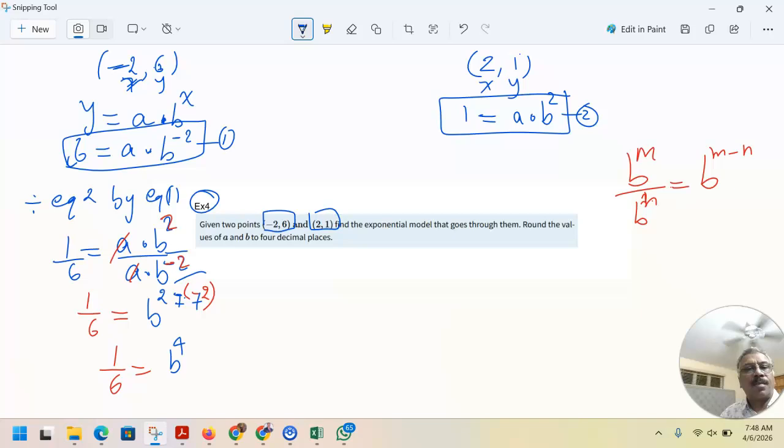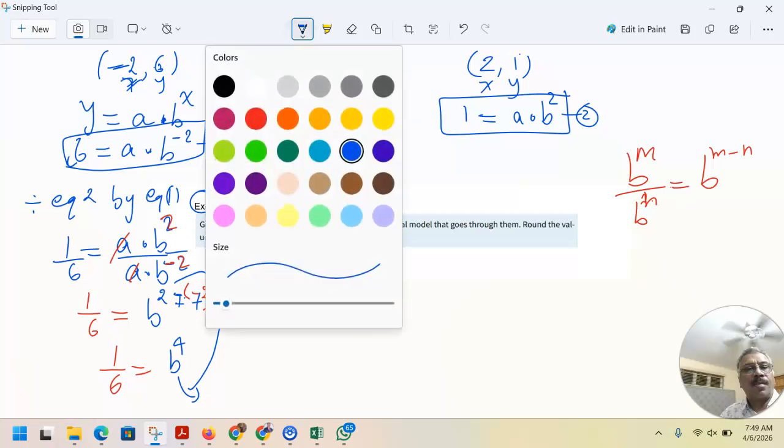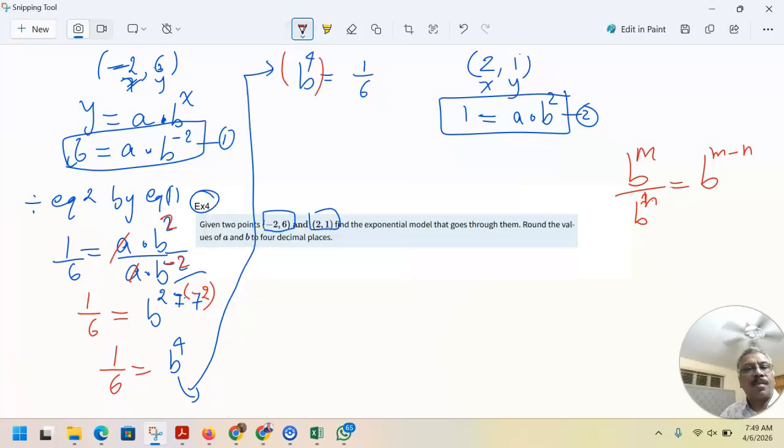And then we need to figure out how do we find now b raised to 4. So again, let me write this here. So b raised to 4 is 1/6. So now you raise both this and this by 1/4.